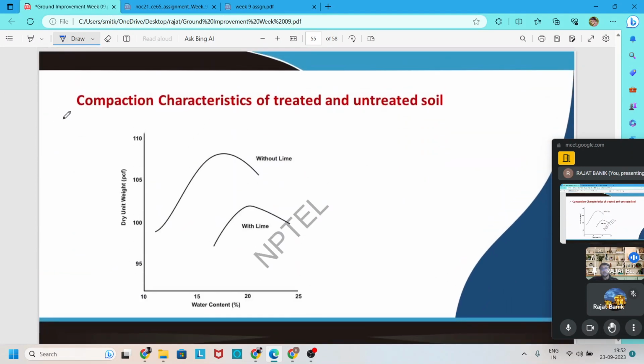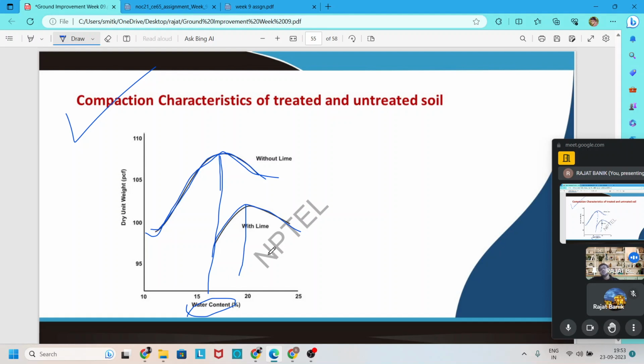So here one graph is shown, based on dry density versus moisture content. See that without lime, the graph is higher. When we apply the lime, the graph is lower. That means the maximum dry density without lime is higher than the maximum dry density with lime.